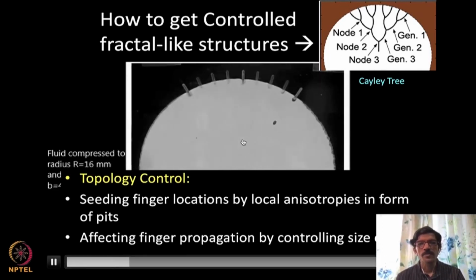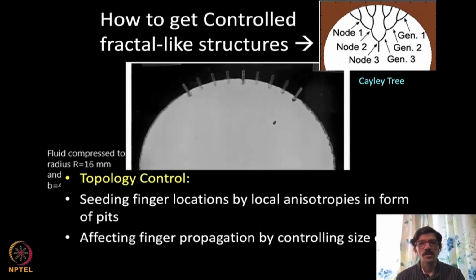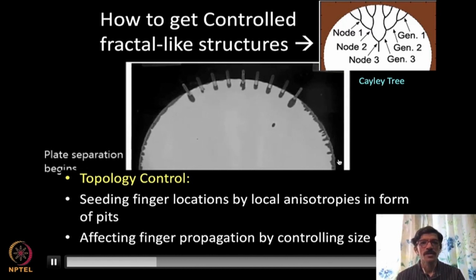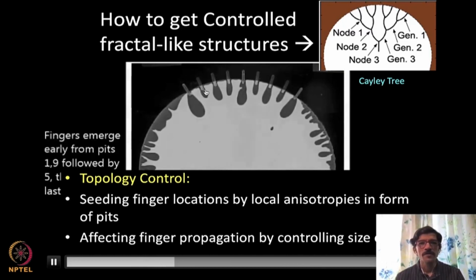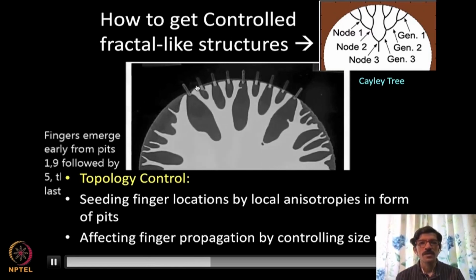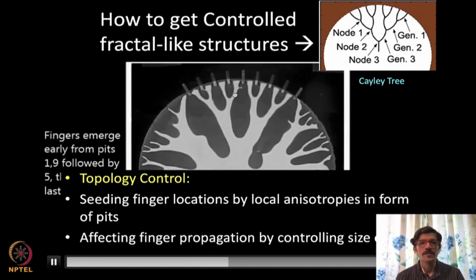This is the top camera recording where the squeezing happened just now. The squeezing of the film has happened already, and there are small trenches that we have machined on the surface of one of the plates. You can see that the fluid, the air, starts penetrating through those trenches preferentially.